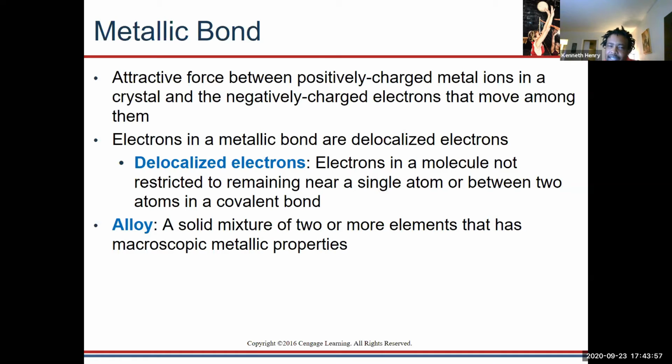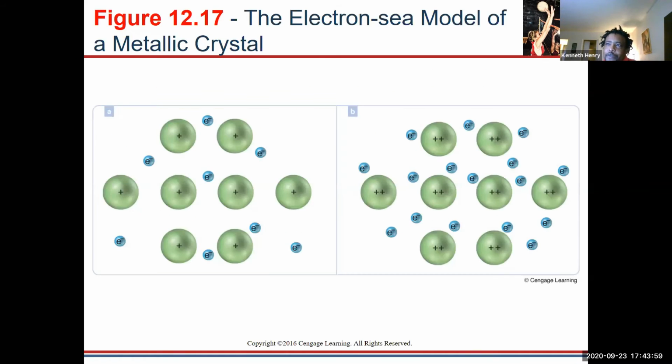You kind of get that? Not really. Okay, so here's your metal. What your metal does is drop its electron next to it, and it basically looks like a sea of electrons, because you have all these metals that have lost their electrons.